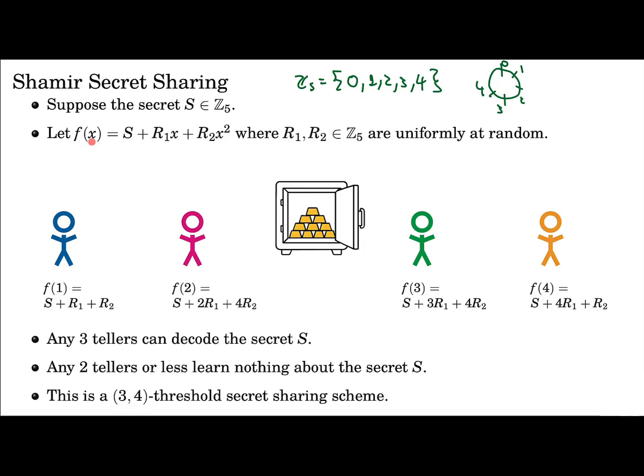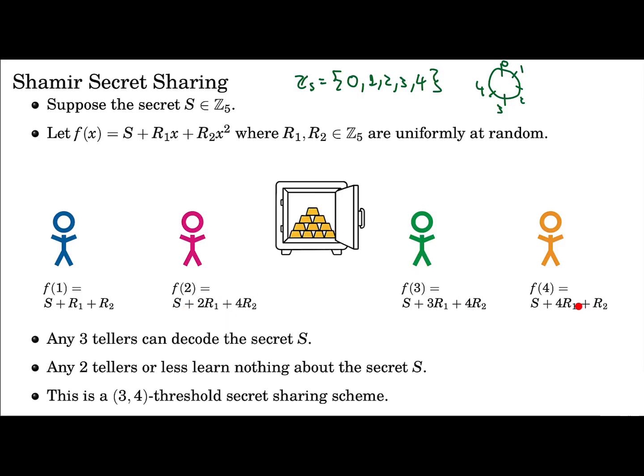Then the idea is that we're going to give an evaluation of this polynomial, so distinct points, to each one of these tellers. Teller 1 is going to get f of 1, teller 2 f of 2, teller 3 f of 3, teller 4 f of 4. f of 1 is the secret plus some random stuff. f of 2 is the secret plus another combination of random stuff, and you have different combinations.